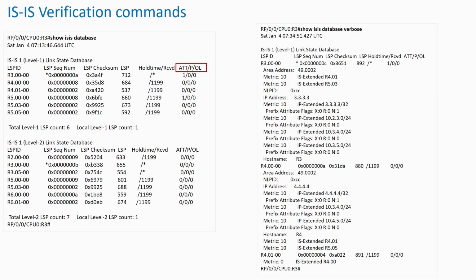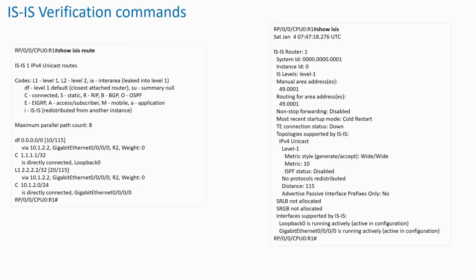Please pay attention to the attach, partition repair, and overload bit flags as highlighted here in red. We are going to discuss more about those flags in a minute. To see all the routes learned by the ISIS protocol, you can use the show isis route command as shown here. In order to see the entire ISIS related configuration options, you can use the show isis command.